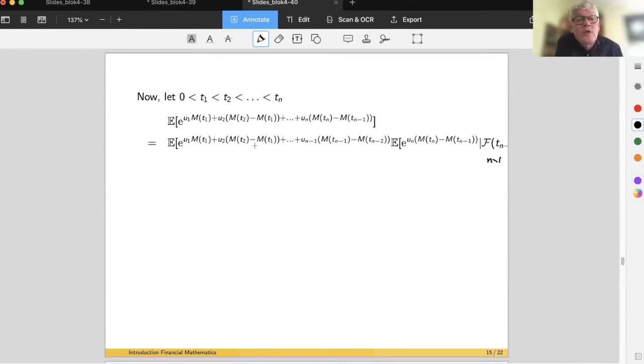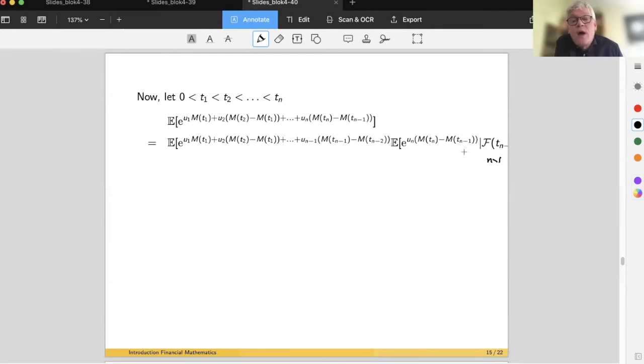Then by take out what you know, all these parts here can be taken out, and they are all known with the filtration F_tn-1. This one can also be taken out, but we keep it in. So what remains under the expectation sign is e to the power un (M_tn minus M_tn-1).